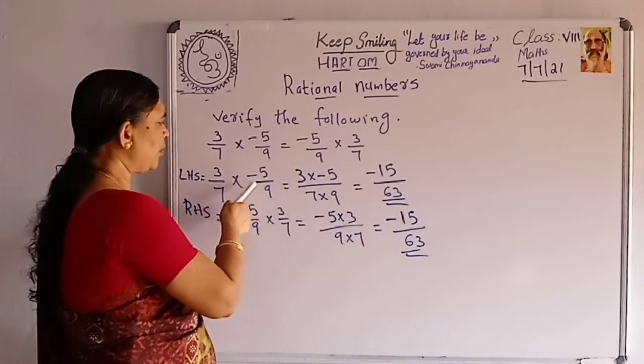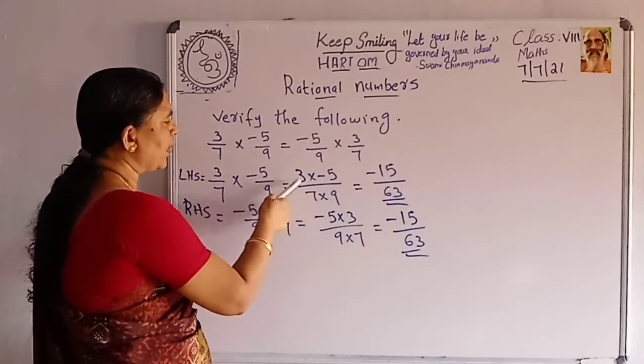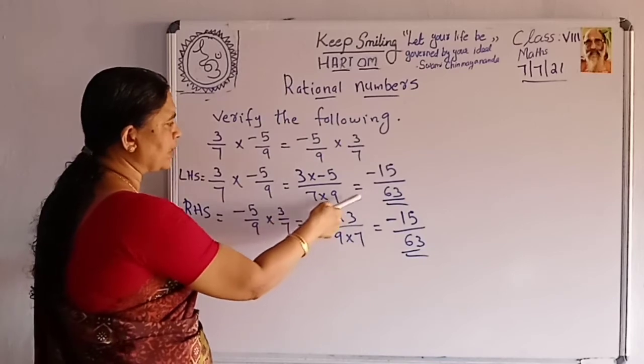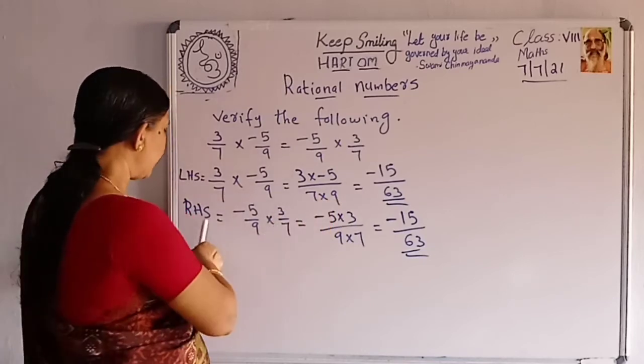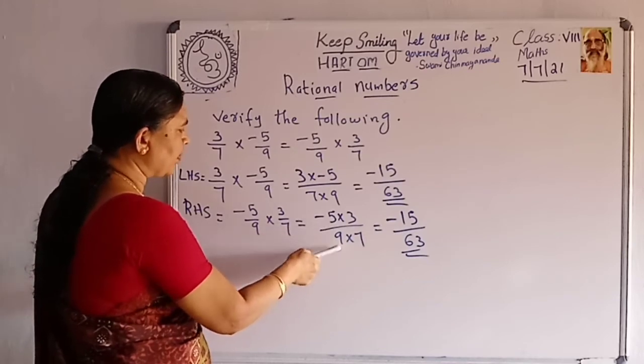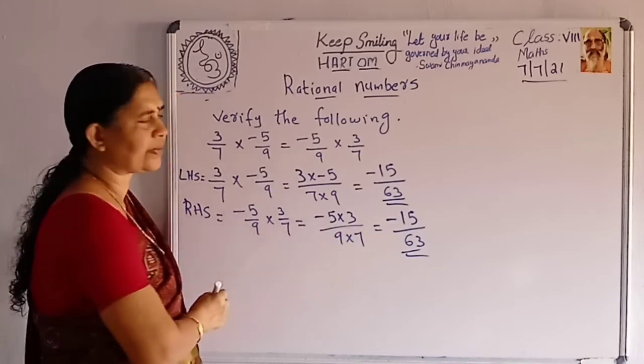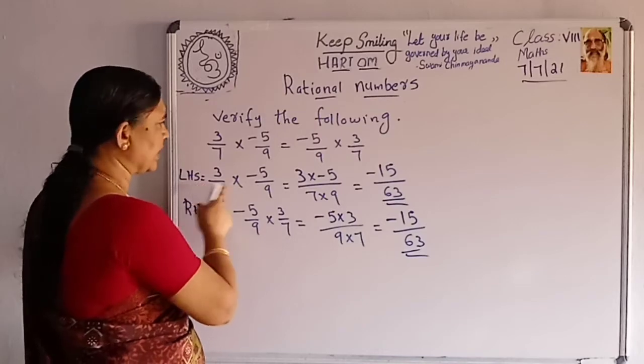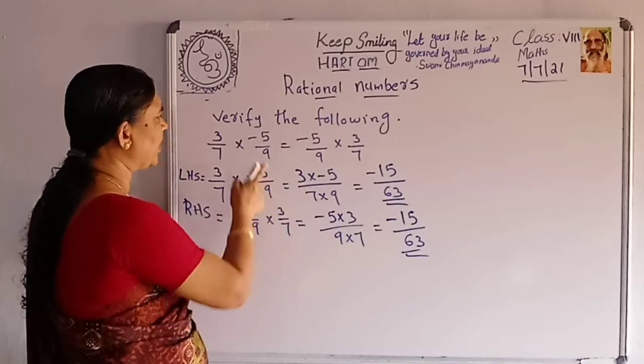3 by 7 into minus 5 by 9 is equal to 3 into minus 5 by 7 into 9, that is minus 15 by 63. Then minus 5 by 9 into 3 by 7 is equal to minus 5 into 3 by 9 into 7, that is equal to minus 15 by 63. Here the LHS and RHS are both equal, so we verified it.